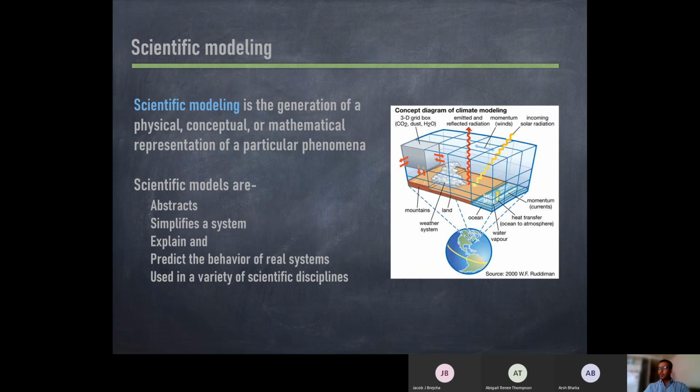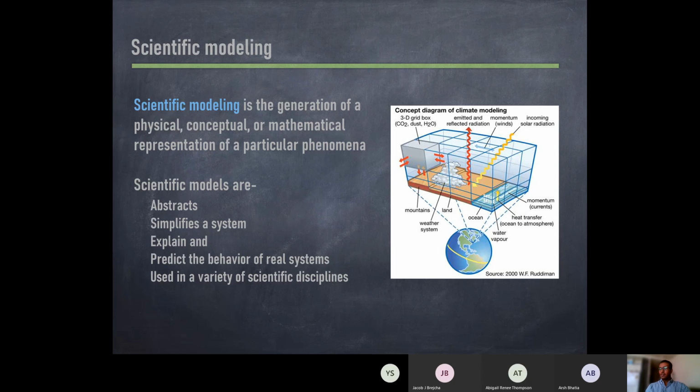What is scientific modeling? Scientific modeling is basically the generation of a physical, conceptual, or mathematical representation of a particular phenomenon or a particular system. There are a few keywords here: physical, conceptual, or mathematical representation. Representation of what?